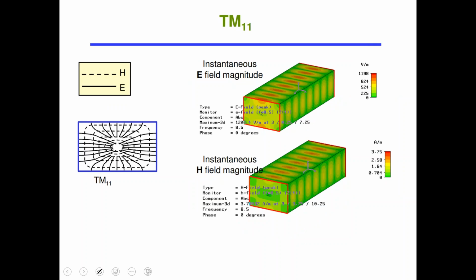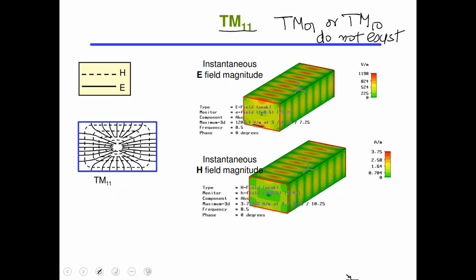This is also true for the TM mode. This is the TM11. Again, remember, TM01 or TM10 do not exist. So this is again the field distributions you're going to get in the TM mode.